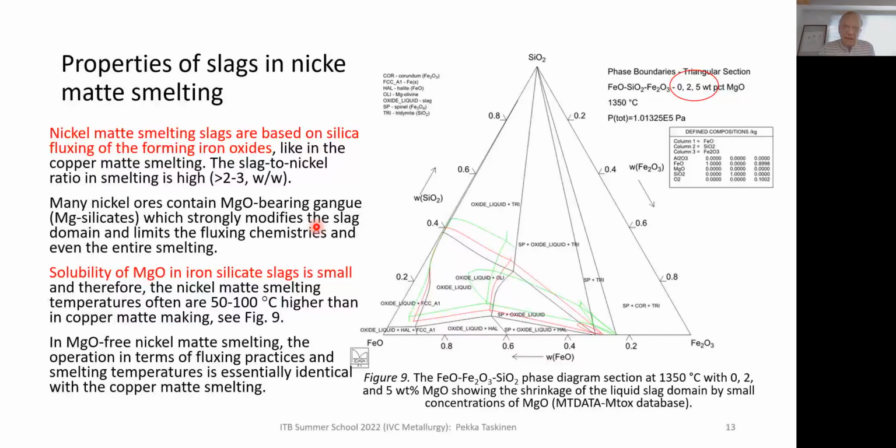That means that it changes the phase relations at low concentrations in the slag, and that is why nickel matte smelting is carried out at slightly higher, or even more than 100 degrees C higher, temperatures than copper matte smelting.